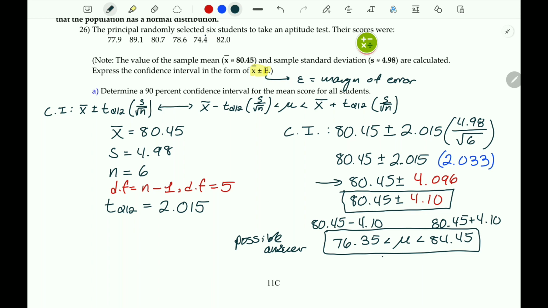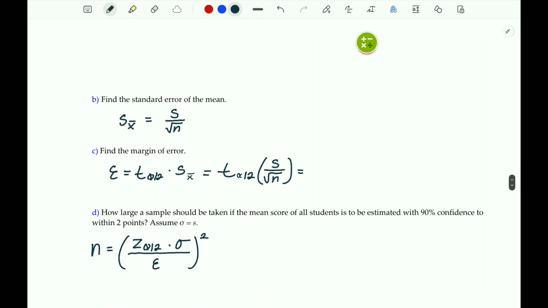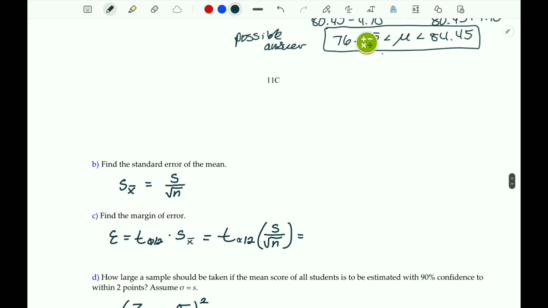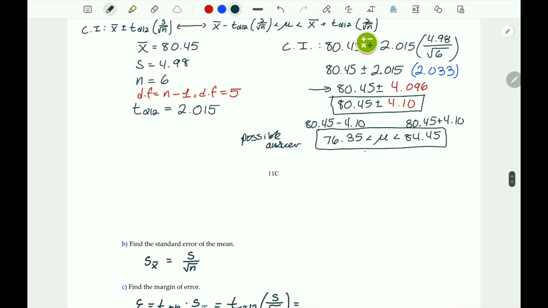Okay, let's answer part B. Part B says, find the standard error of the mean. The funny thing is, we already found the standard error of the mean. The estimated standard error is the sample standard deviation divided by the square root of the sample size. And when we did this for part A, we got 2.033.